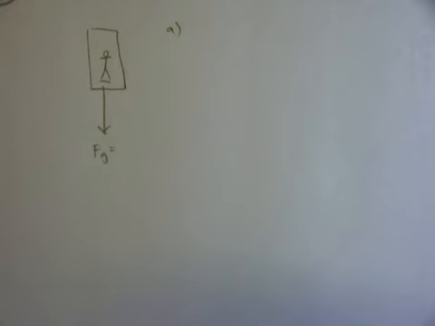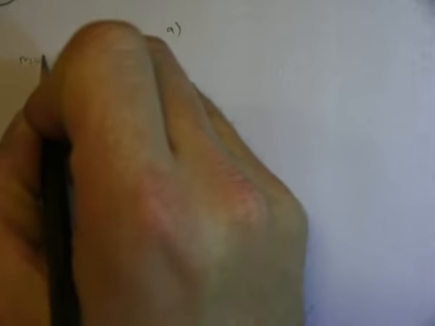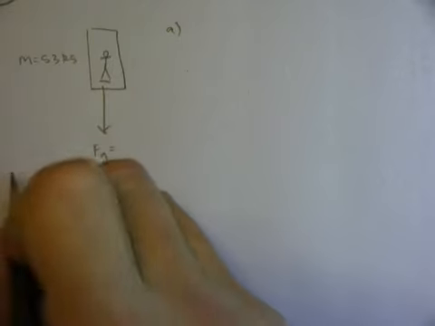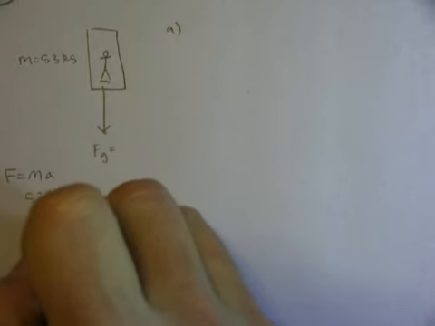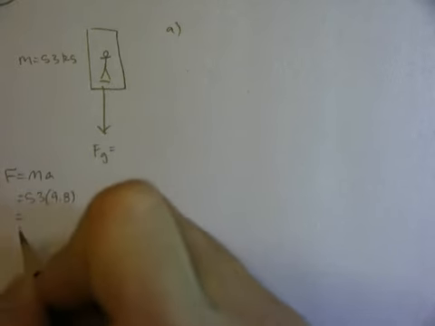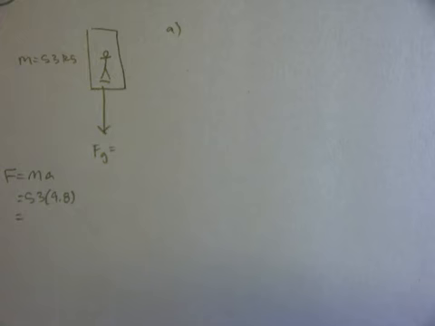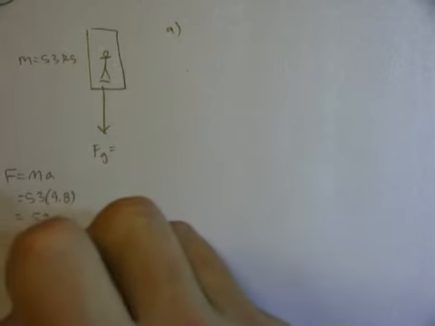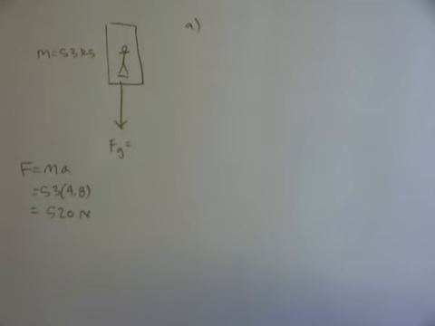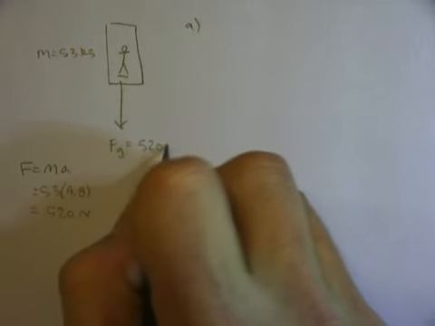It says that this person's mass is 53 kilograms. So by using F equals ma, if their mass is 53 and the acceleration of gravity is 9.8, then 53 times 9.8 is 520 newtons. So that's what gravity pulls this person down at, 520 newtons.